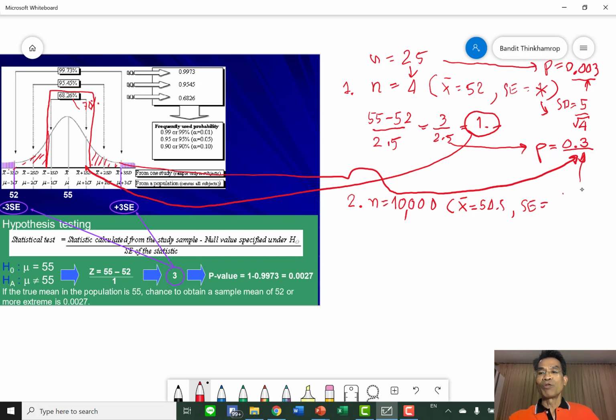SE then equals the standard deviation 5 divided by square root of 10,000. So it's 5 divided by 100.